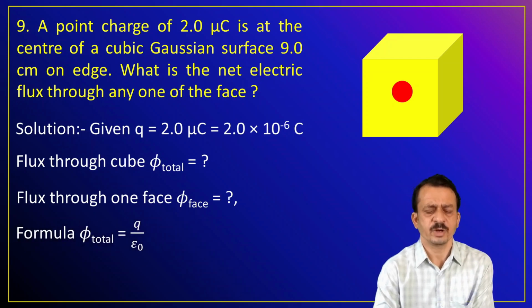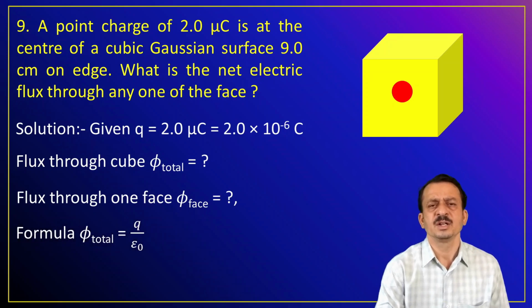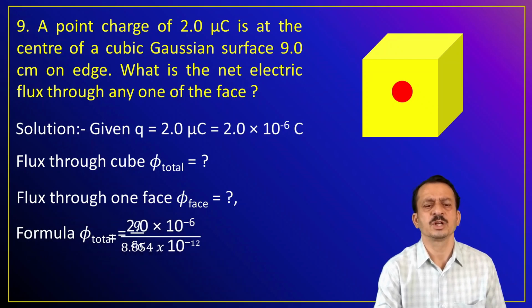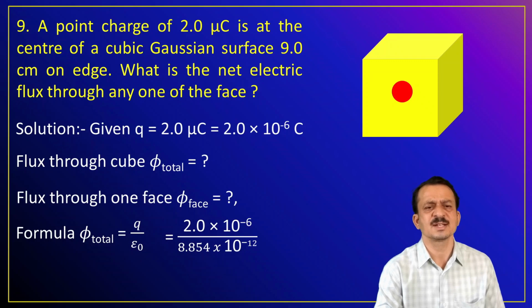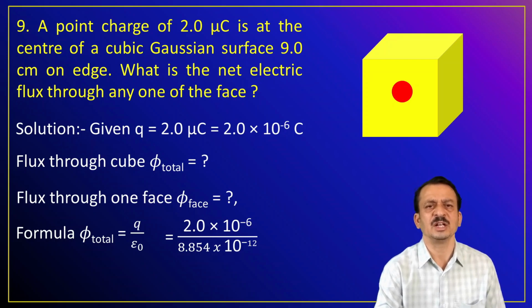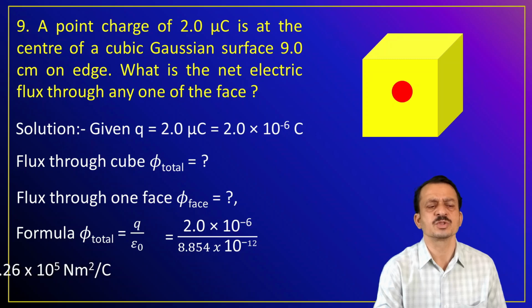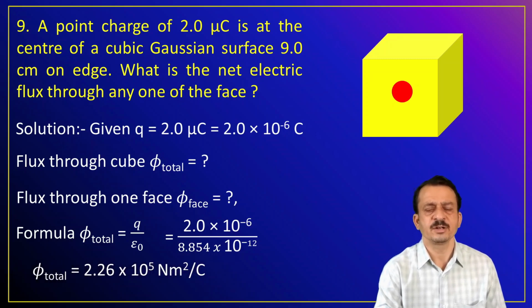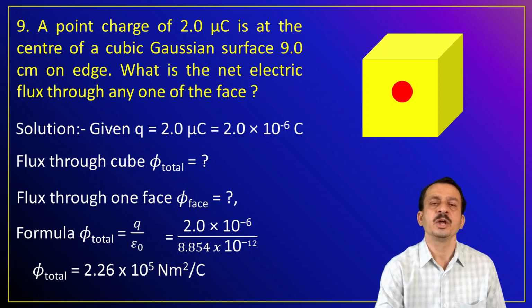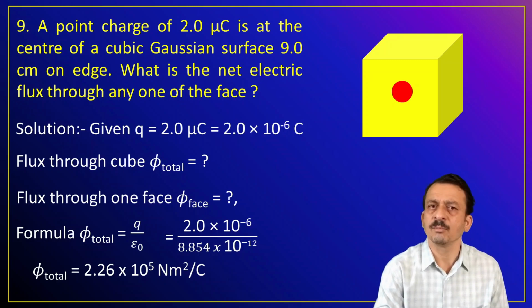Now from Gauss law we have total flux is given by Q divided by epsilon naught. Substituting the value of Q, that is 2 into 10 to the power of minus 6 here given, and epsilon naught we know the constant 8.854 into 10 to the power of minus 12, and simplification gives 2.26 into 10 to the power of 5 Newton meter square per coulomb.